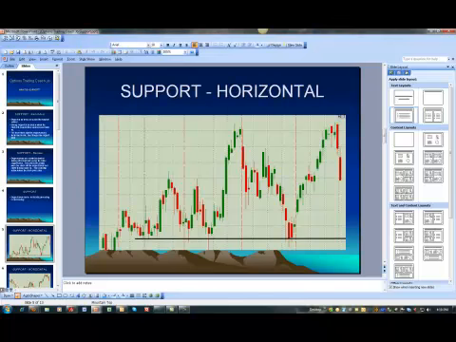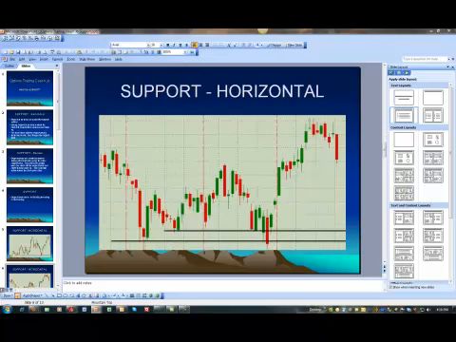Let's check out another example of horizontal support and see if this makes sense to you. Okay, so here you have hit, hit, hit, hit, hit. So that might be a significant support, and certainly in this area you had others.